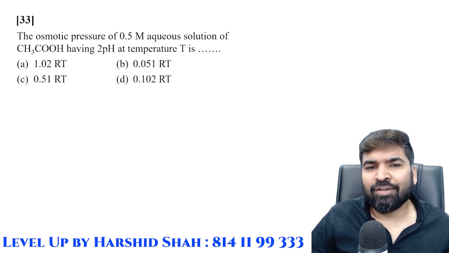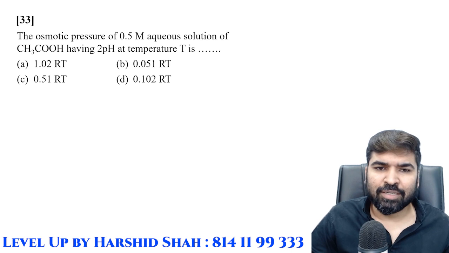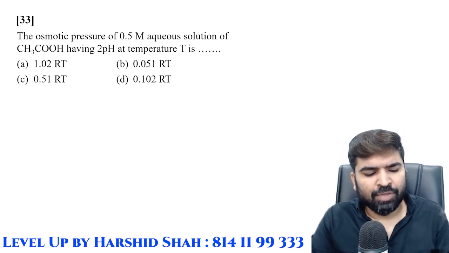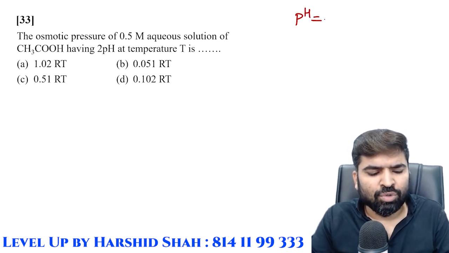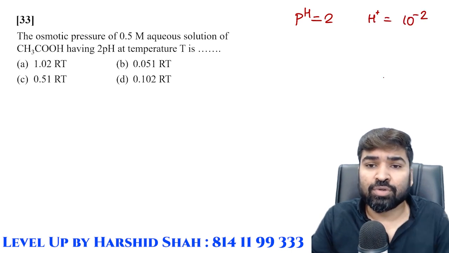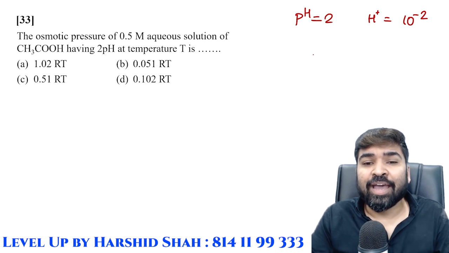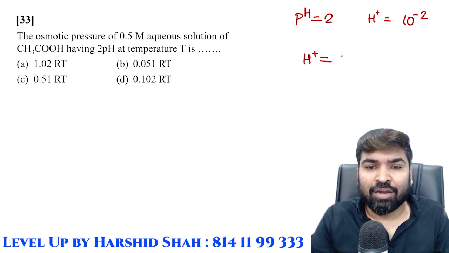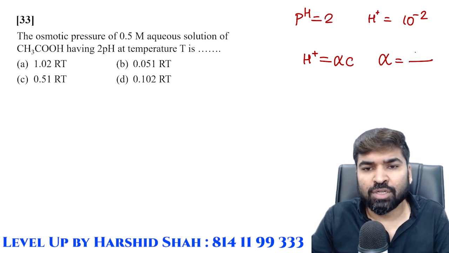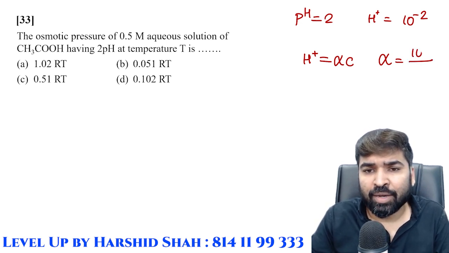Osmotic pressure of a 0.5 molar aqueous solution of acetic acid having pH 2 at the temperature T is equal to what? Since the pH is 2, the H+ concentration is 10 raised to power minus 2, or 0.01 molar. H+ is equal to alpha into C, so alpha is H+ upon C, which is 10 raised to power minus 2 divided by 0.5.